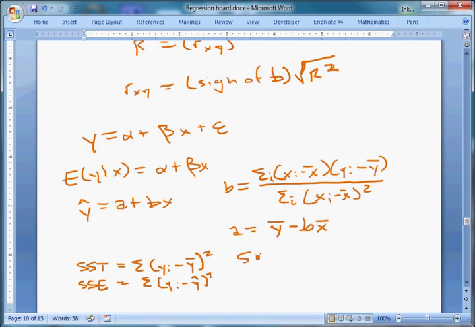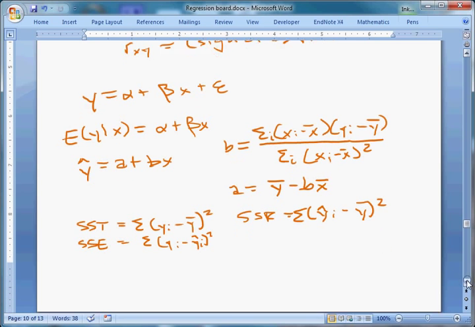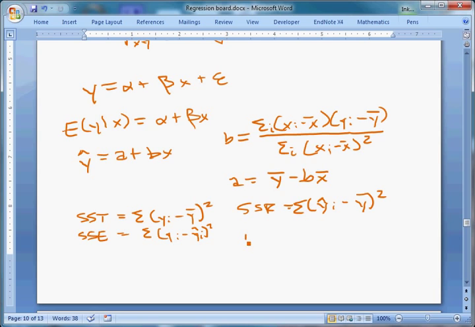And the sum of squares due to regression, which is the sum of y hat i, by the way, y hat i minus y bar squared. And last but not least, we learned how the r squared relates to these. So r squared is SSR over SST, which is equal to 1 minus SSE over SST.